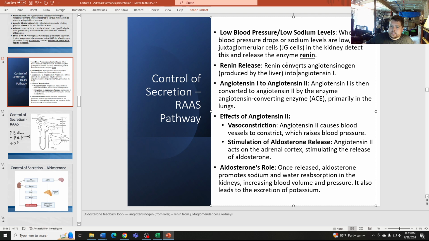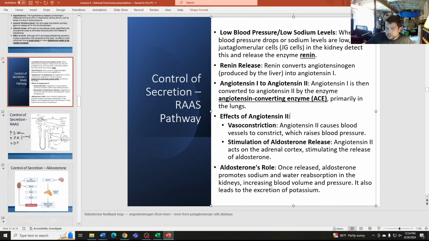When renin is released, it converts angiotensinogen, which is produced by the liver, into angiotensin 1. Angiotensin 1 then gets converted to angiotensin 2 by the ACE enzyme, which we'll want to remember the name of, in the lungs. So right now we have the kidneys, the liver, and the lungs all working together as part of this system.